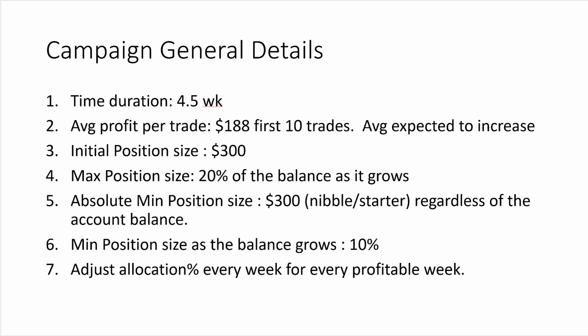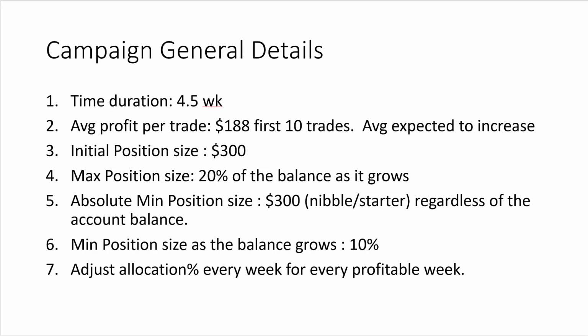So the campaign general details: basically when you run a campaign, you're not going to go to war for like 5-10 years. You have an exit time period. For this campaign, we're going to collect 4.5 weeks of data, which means trading 4.5 weeks long, and then evaluate the performance.